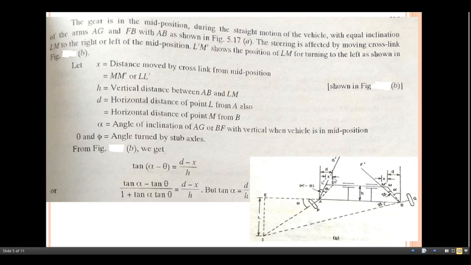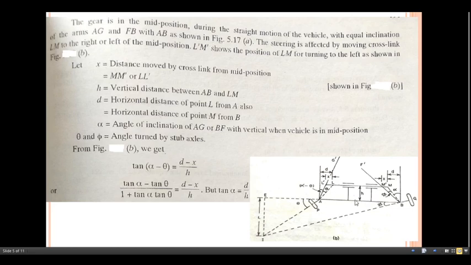Now from the geometry, I have already seen this distance is nothing but the small x we are getting because of the movement of this vehicle towards the left side. Now, what about the h? From this geometry we can get the information one by one. So h is nothing but the vertical distance between AB and LM.